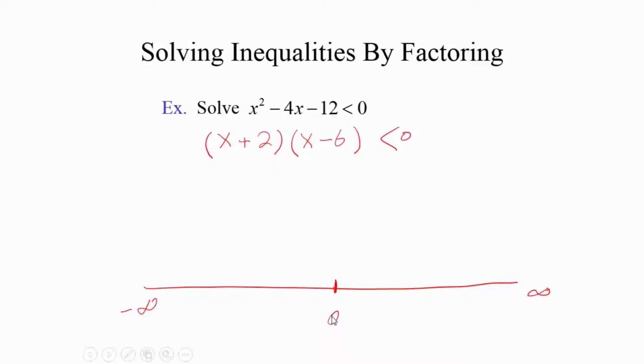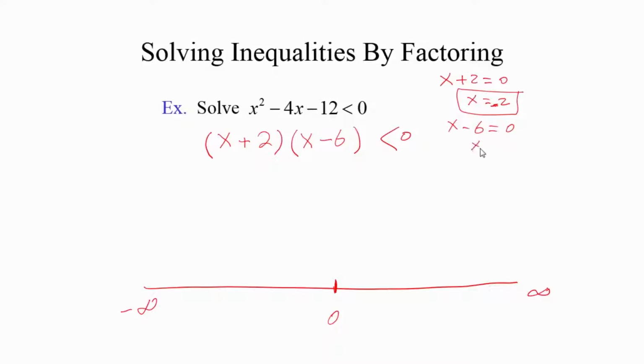The first thing I have to do is find the two critical points by setting each one of these expressions equal to 0. So one, I say x plus 2 equals 0. That means x is equal to minus 2. That is one critical point. The second one, x minus 6 equals 0.